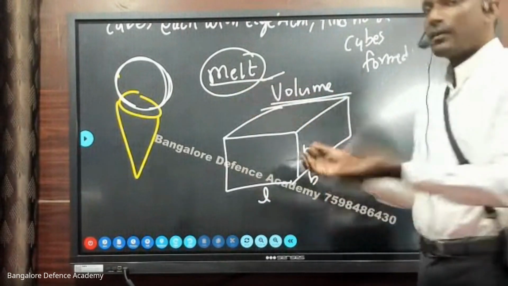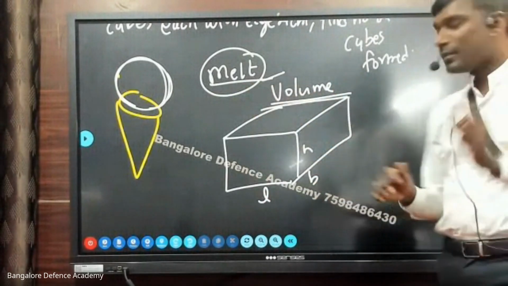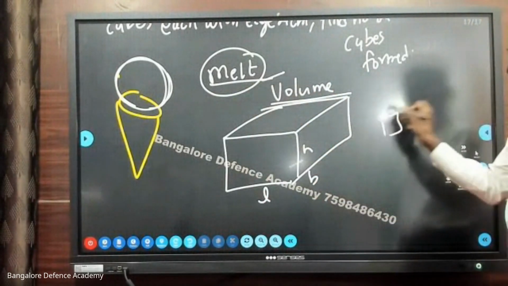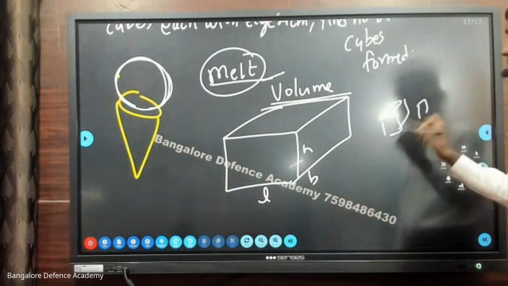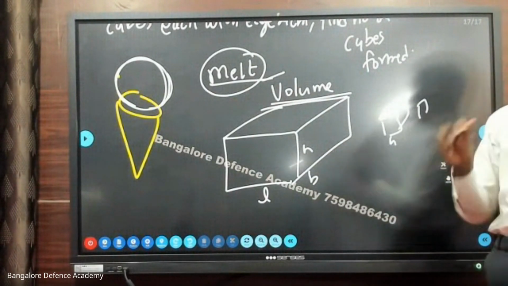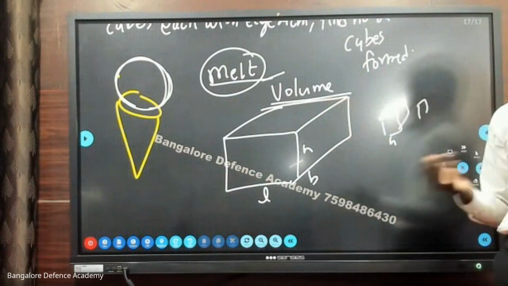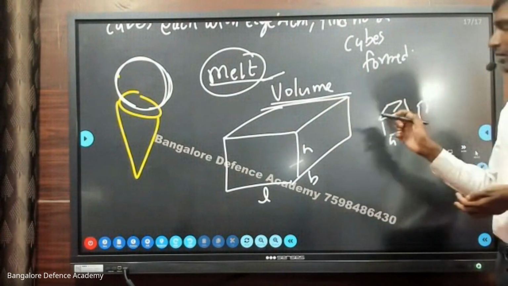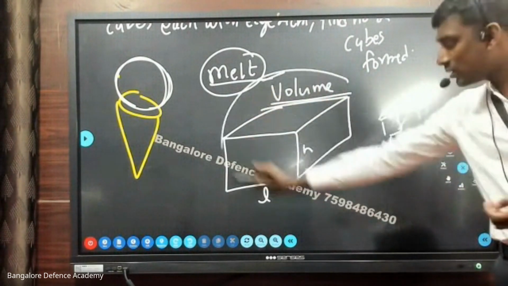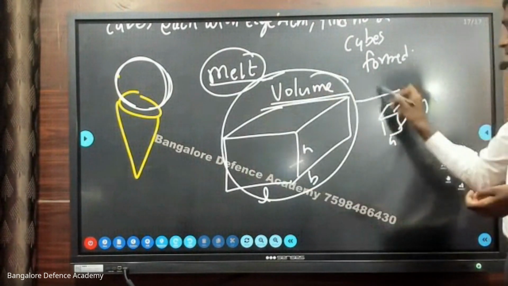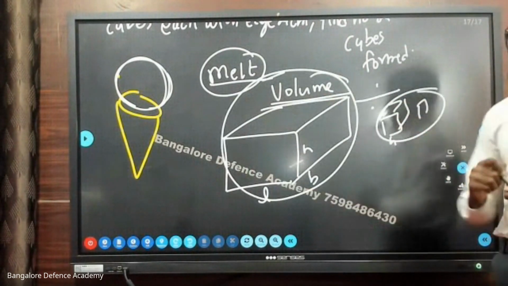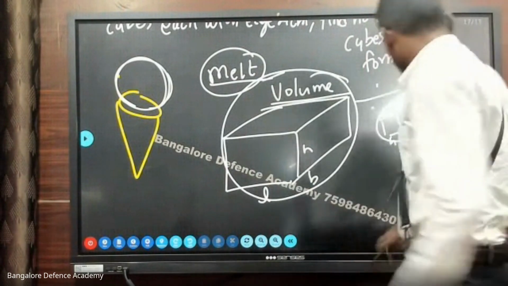This cuboid they have melted and made small cubes. All these cubes have the same dimensions, 4, 4, 4. So how many cubes did you make? In this kind of question, you have to take the volume of this divided by the volume of this. Do you understand? Is everyone understanding?